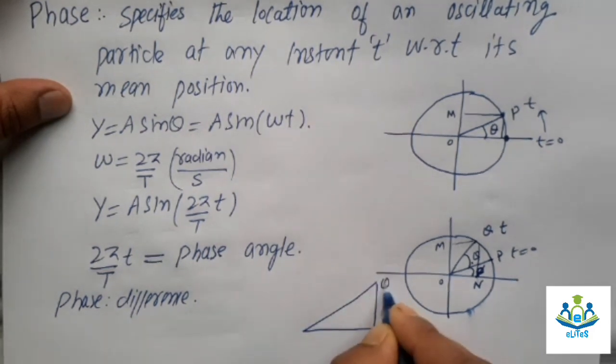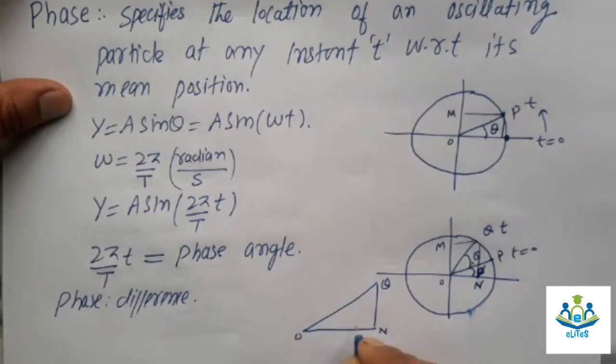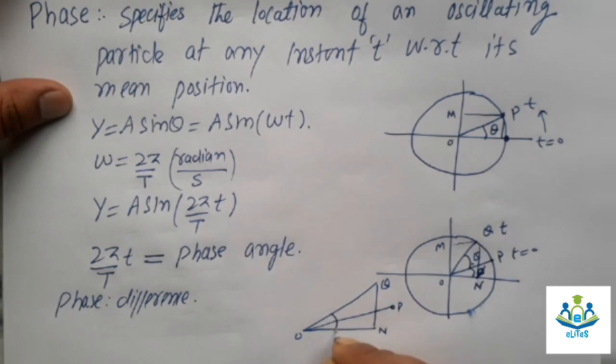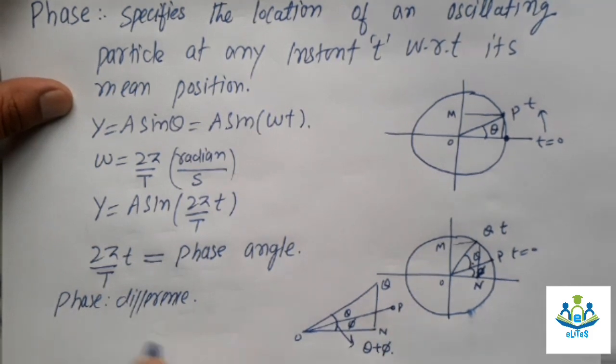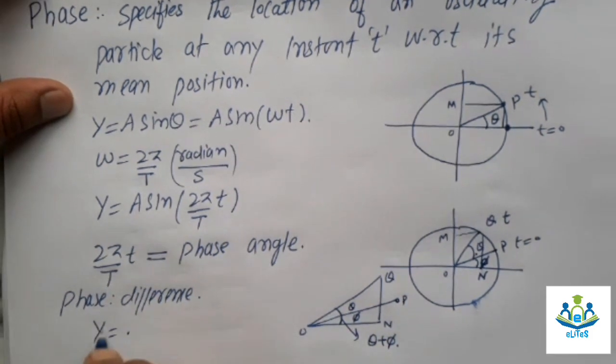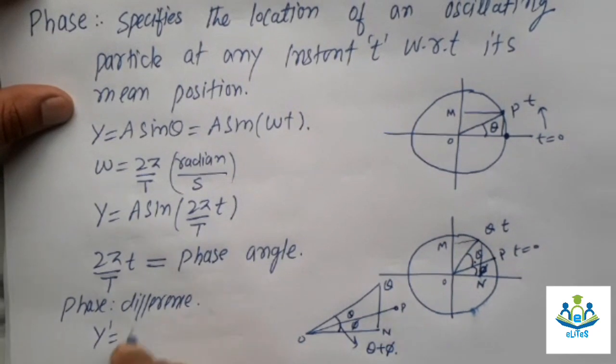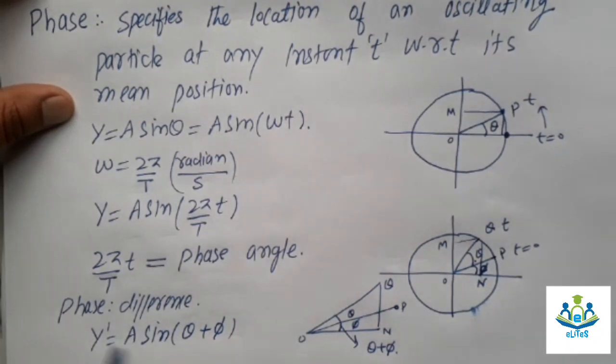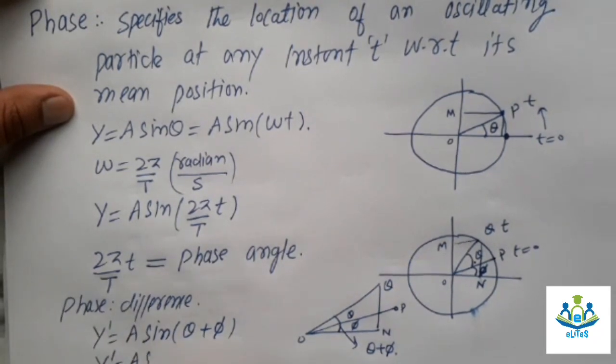If you draw a perpendicular from Q, you will see that this angle will be theta, this is phi, and in total this will be theta plus phi. That means we have y dash equal to a sine of theta plus phi. Theta, as you know, is omega t, so y dash is equal to a sine of omega t plus phi.